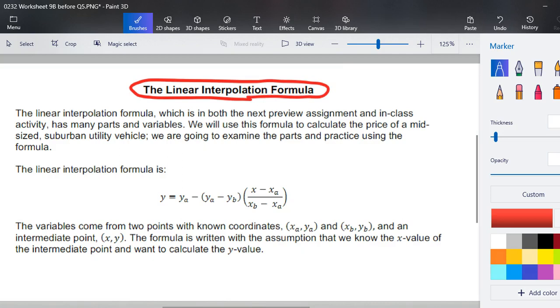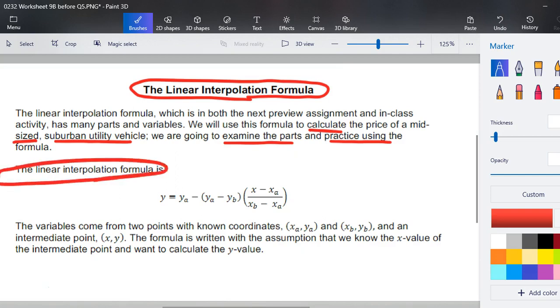The last part of this lesson is to begin to familiarize ourselves with the linear interpolation formula. This is going to be in the preview assignment and the in-class activity, and it has a lot of parts and a lot of variables. We're going to use this to calculate the price of a mid-size suburban utility vehicle. For right now, we're going to examine the parts and practice using the formula so that when you get into class, it's less intimidating.